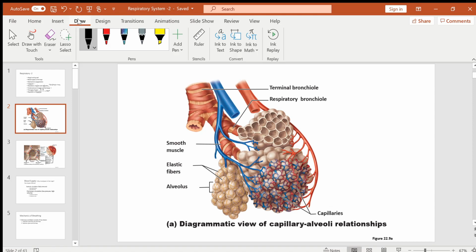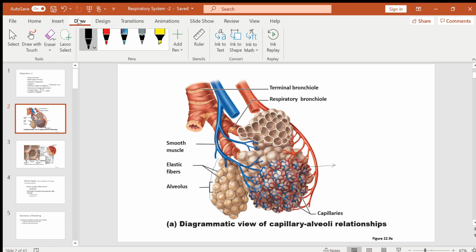So here you see the alveolar sac and the alveoli inside the alveolar sac. One thing you see here, how beautifully each alveolus gets a capillary bed on it.